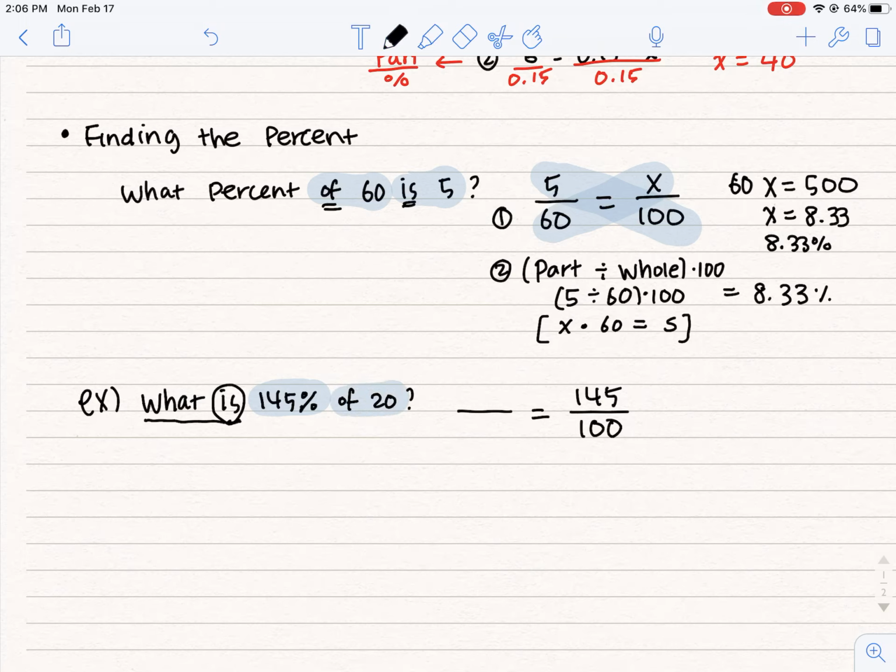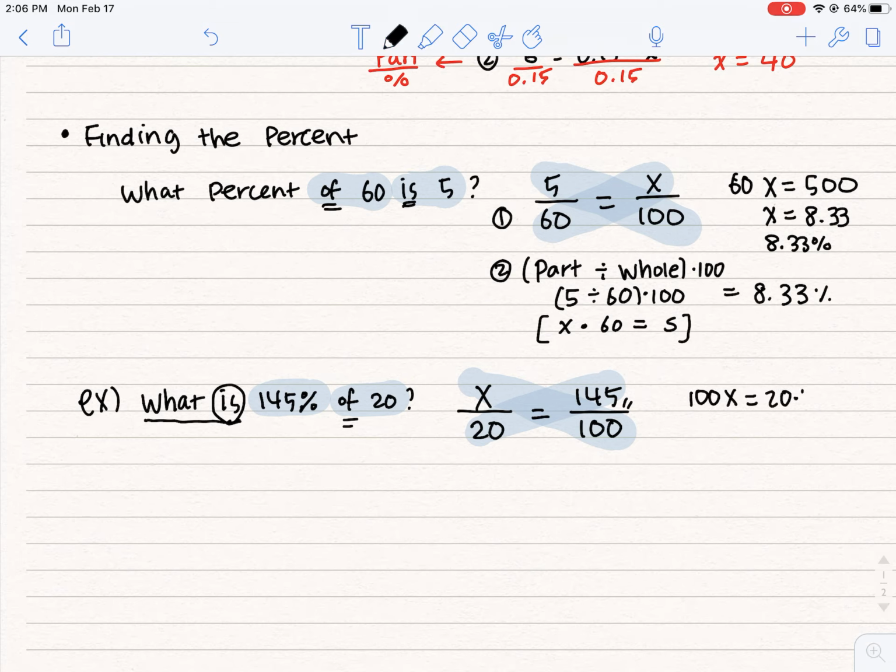So of is for the whole thing, so I'm going to put 20 on the bottom, and I don't know what is, so that's going to be the top one. I am missing the top, which is the part. If you notice, because 145 is a bigger number, the x is going to be a greater number than 20. So I do cross multiplication again.